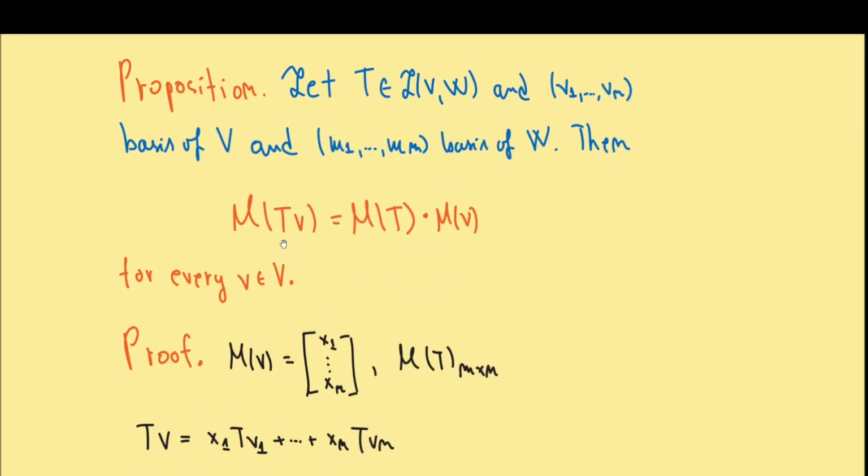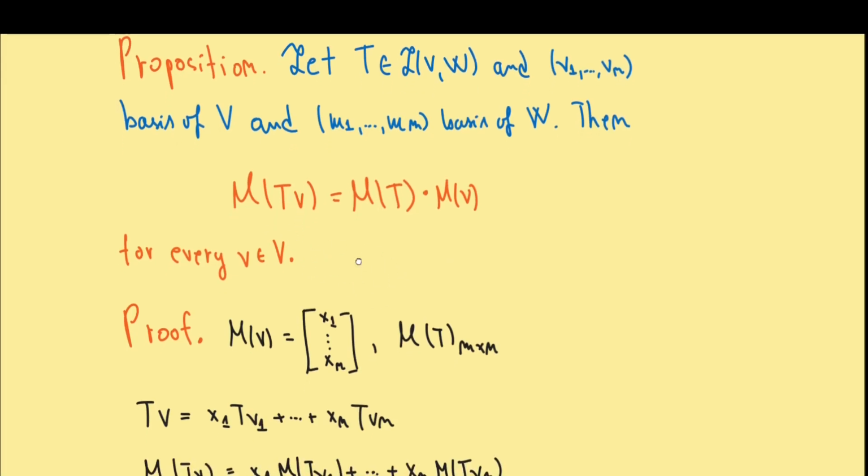So the action of a linear transformation on v, we can get that by using matrix multiplication of the corresponding elements.